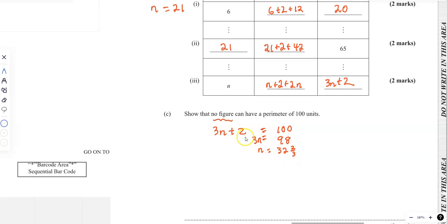Which means that no figure would have a perimeter of 100 because you do not get a whole number. You're getting some decimal there, which is 32.66 recurring, right? So no figure has n equal to 32.6. It has to be a whole number.